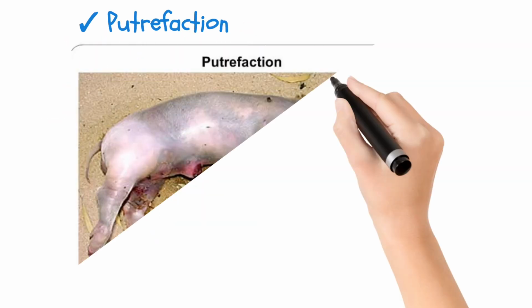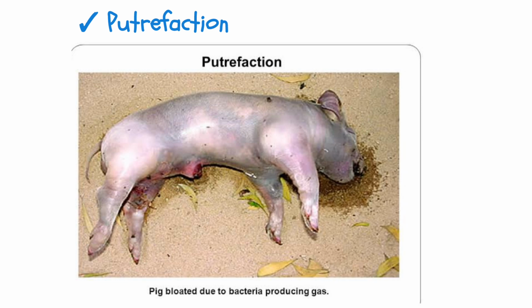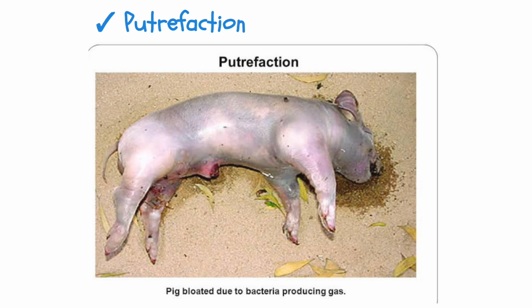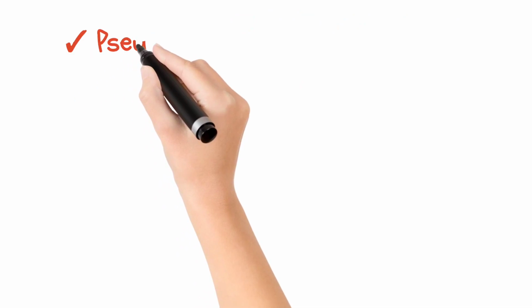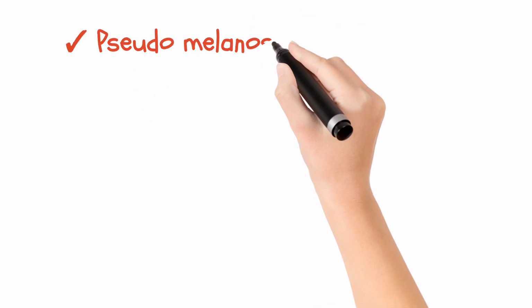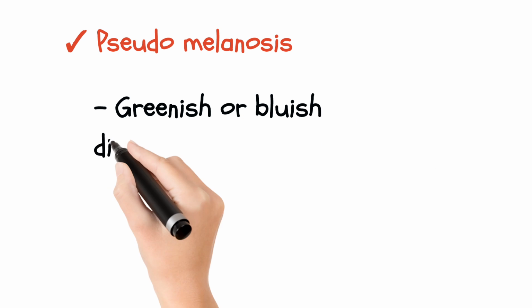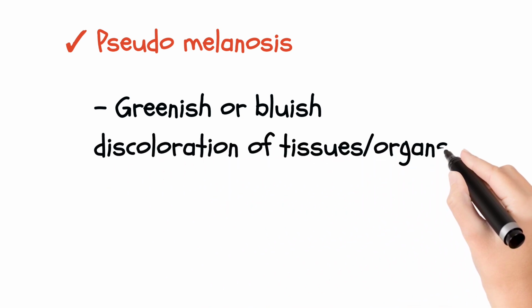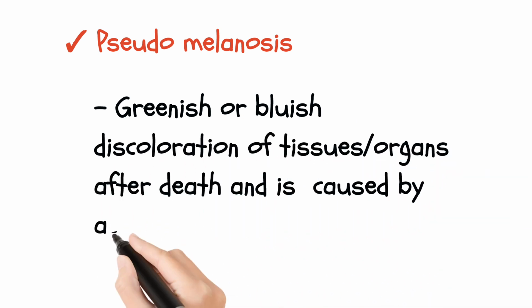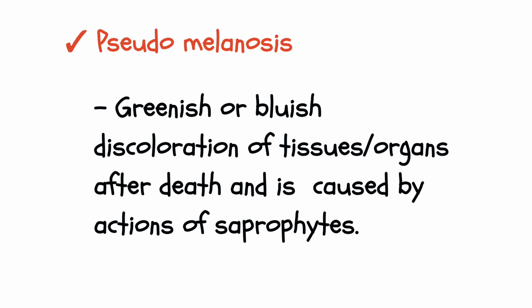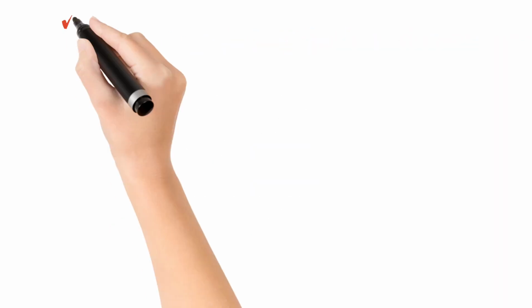Putrefaction simply means decay, and it is the decomposition of tissues after death by saprophytes, leading to the production of foul odor. Next is pseudomelanosis. This is the greenish or bluish discoloration of tissues or organs after death. It's also caused by the action of saprophytes on the dead body.